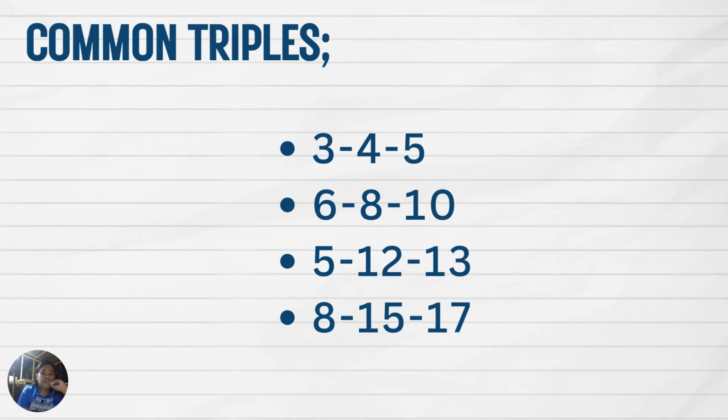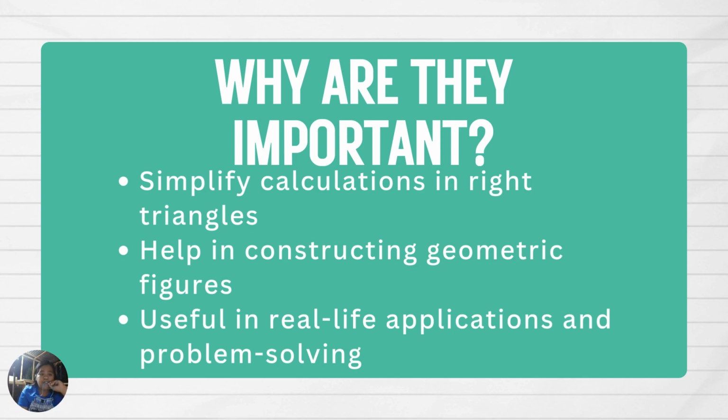And why are they important? It is because it simplifies calculation in right triangles. It helps in constructing geometry figures and is useful in real life applications and solving problems. These are commonly used because they make solving problems faster. Instead of computing square roots, we can instantly recognize the triangles.